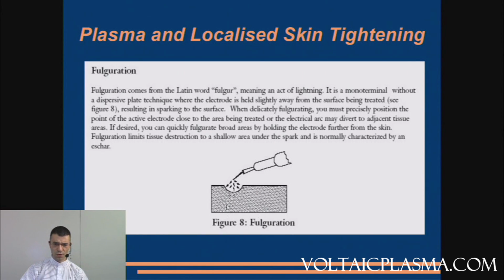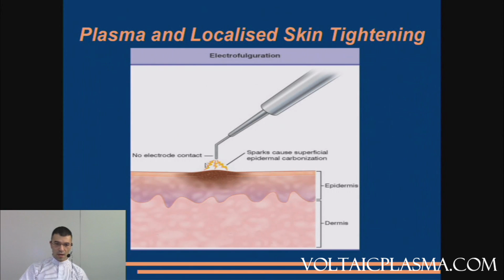And this is just to show you another picture from the literature, and is referred to as electrofulguration when the tip of the device is not touching the skin. And this is another picture of electrofulguration, and you can see that the area carbonized is very superficial, and this is what happens normally with electrofulguration anyway, regardless of the device you're using.